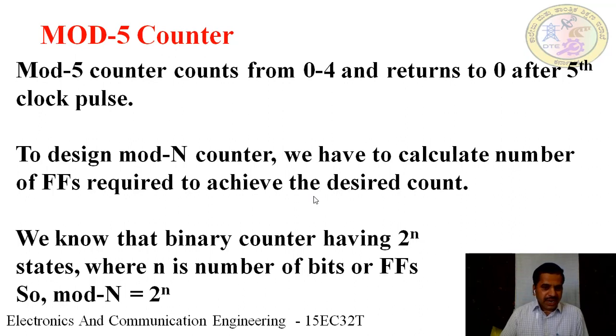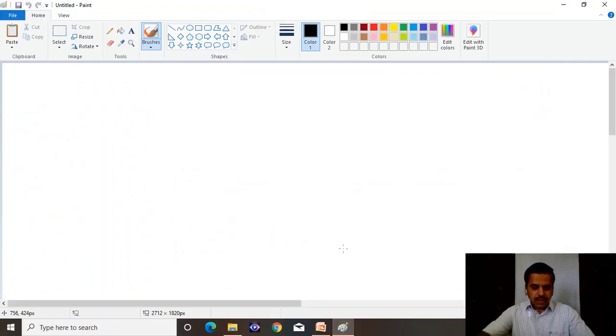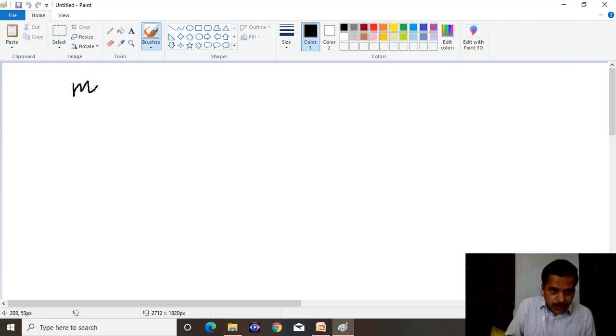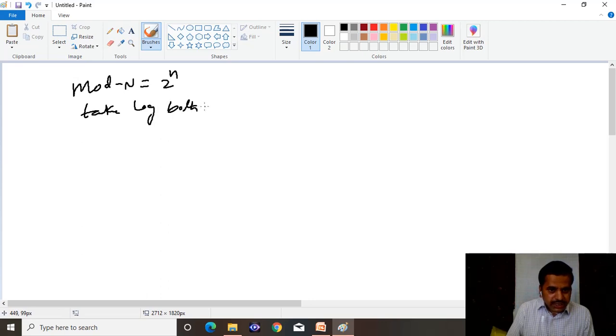We know that binary counters have 2 power n states, where n is the number of bits or flip-flops. So mod n is equal to 2 power n. Take log on both sides.